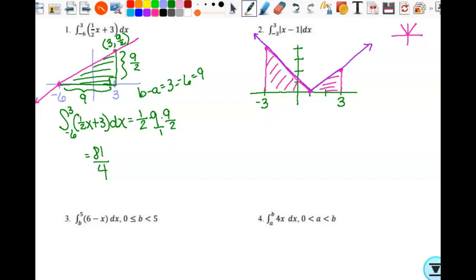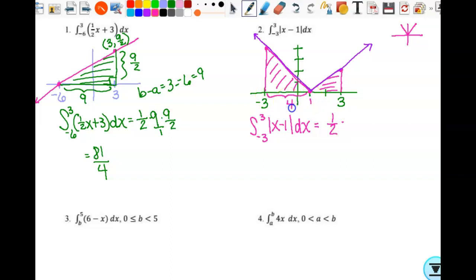Stop me if I've lost you somewhere. Are we all good? Okay. So the integral from -3 to 3 of the absolute value of x minus 1 dx equals, well, you just have to decide how you're going to find this area. We've got 2 triangles, so I find 2 areas and add them together. Make sense? Okay, so I get 1/2 times, starting with the left-hand one, what's this length right here? 4, because this is at 1, right?